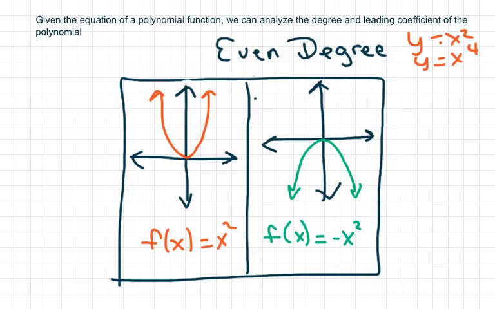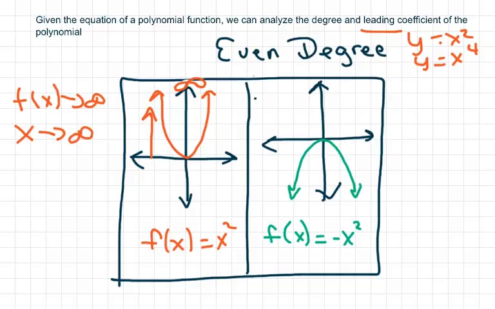For our even degree ones, if our lead coefficient is positive, it opens up, so y, or f of x, goes to infinity. We're going up as x approaches infinity.